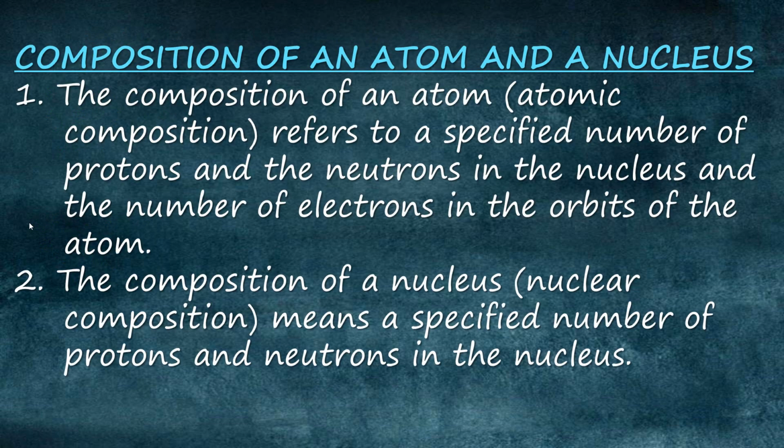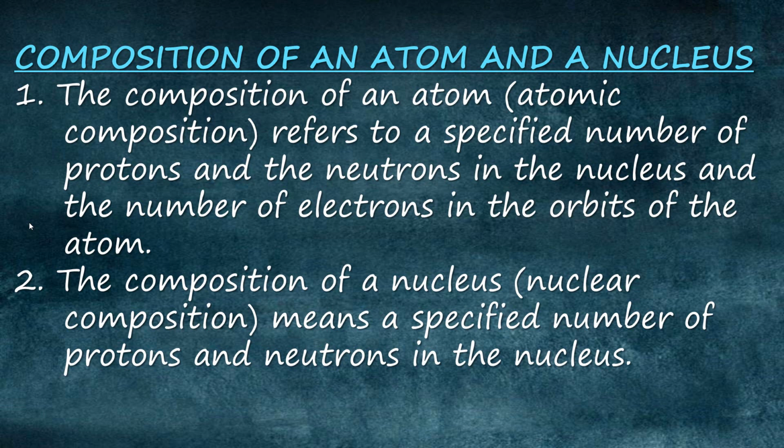So we want to look at the atomic composition and nuclear composition, in other words the composition of an atom and the composition of a nucleus. The atomic composition refers to a specified number of protons and neutrons in the nucleus and the number of electrons in the orbits of the atom.